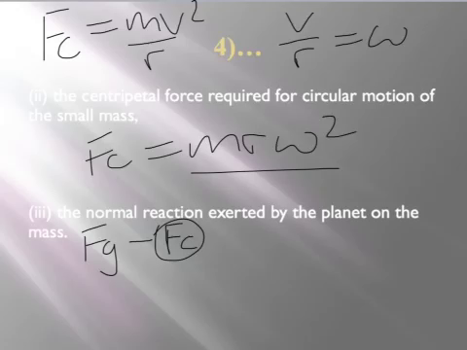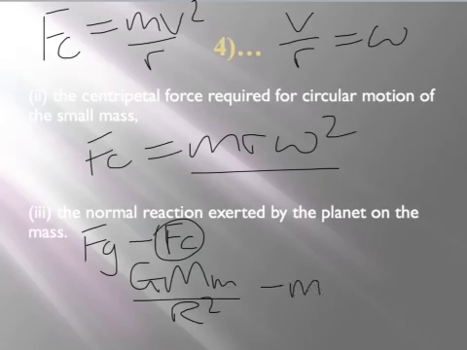So we'd actually write this in terms of those symbols, GMm over big R squared, minus mr omega squared. Whoops, I just noticed I made a boo-boo there. That should be a big R.